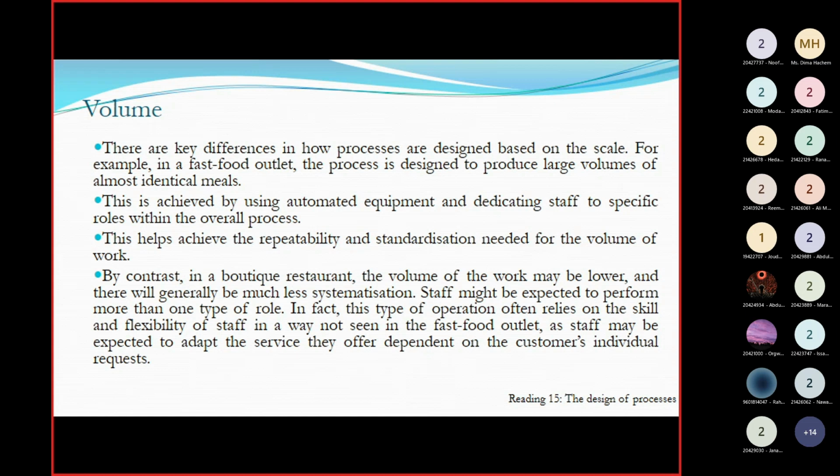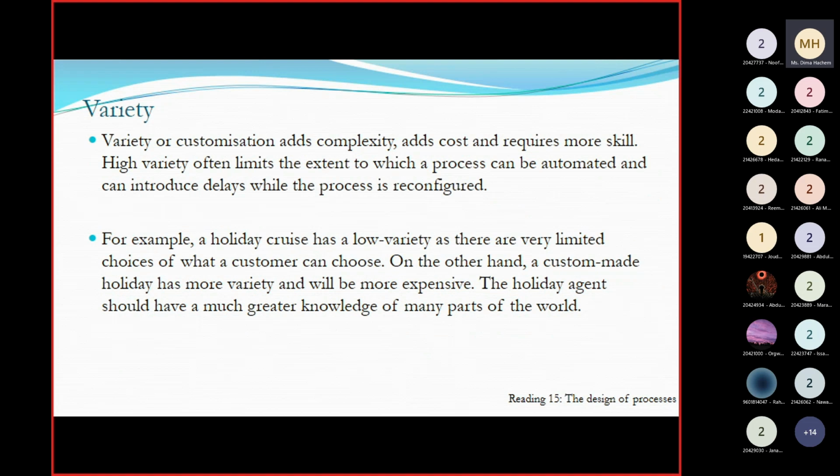unless you can reach the same volume. Okay? Now, the second factor is called variety. Okay? Notice, I want to repeat, we look at these factors because we want to design our process. Before designing our process, we need to think about how much volume we have.